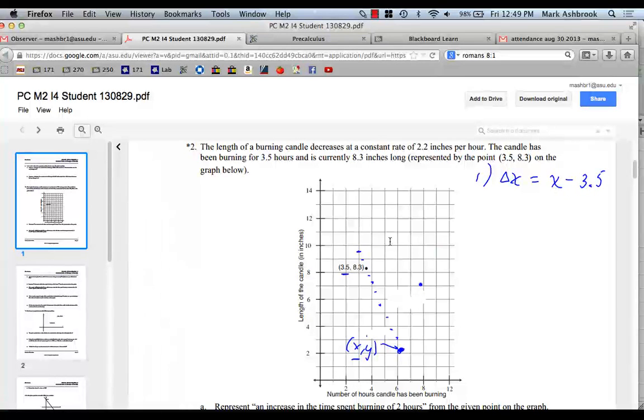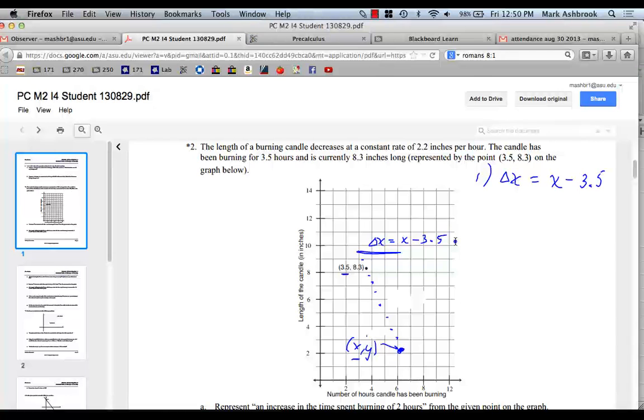Where x can be any point on the line, and we're going to start at 3.5. So delta x equals x minus 3.5. Does it make sense? It was hard to get there, but hopefully it makes sense now. Final value of the quantity minus initial value of the quantity gives the change, and you did that a million times in the web work.